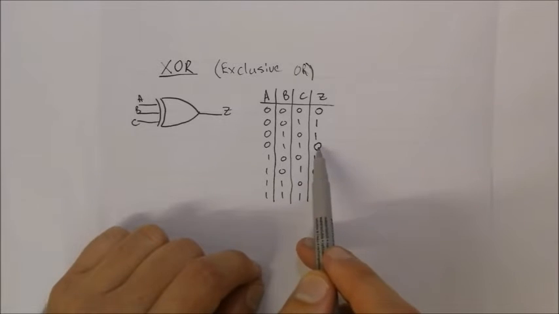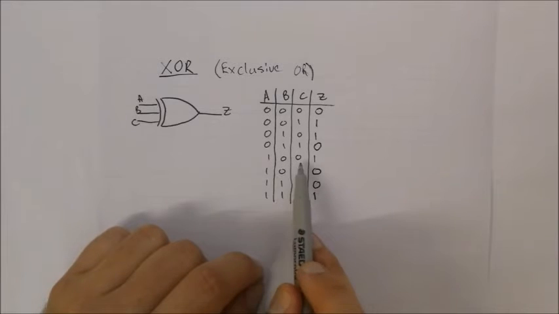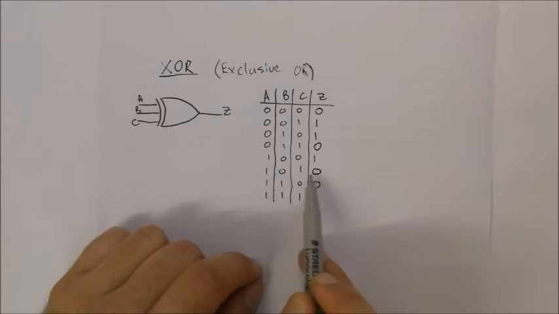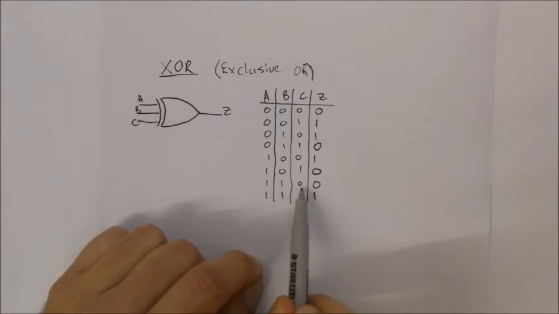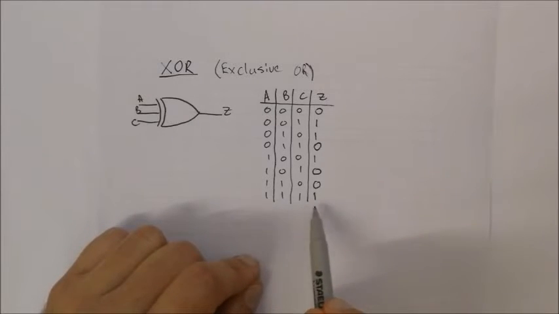It's equal to 0, carry over 1. 1 plus 0 plus 0 is equal to 1. 1 plus 0 plus 1 is equal to 0, carry 1. 1 plus 1 plus 0 is equal to 0, carry 1. 1 plus 1 plus 1 is equal to 1, carry 1.